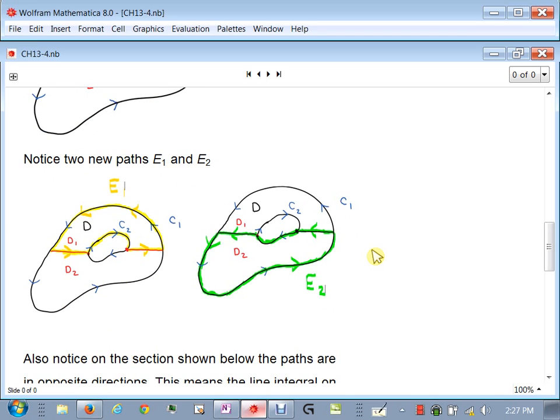Notice the two new paths, E1 and E2. So we had two paths, C1 and C2 before, right? Now I want you to see two different paths. E1 starts here, positive orientation, goes around like this, comes back, goes like that. E2 starts here and goes this way. That has positive orientation also, right? Yes?